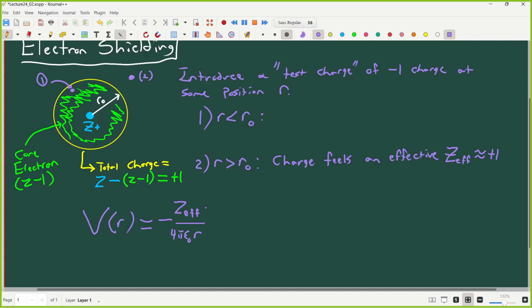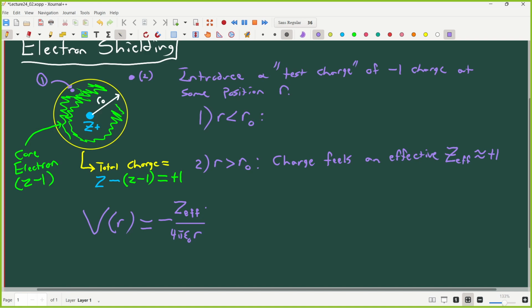But what happens when it's inside? Well, when it's inside, in position 1, it may not feel the entire set of negative charges from those electrons because it's in the same area as those core electrons. So this test charge feels a slightly different, stronger charge because the cancellation of the Z-1 electrons hasn't been completed.